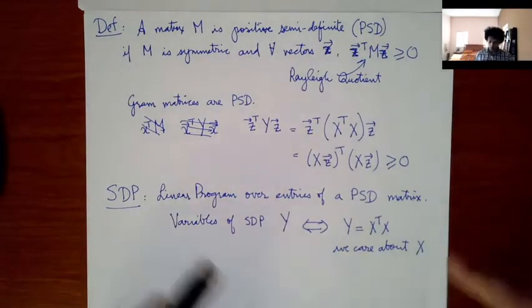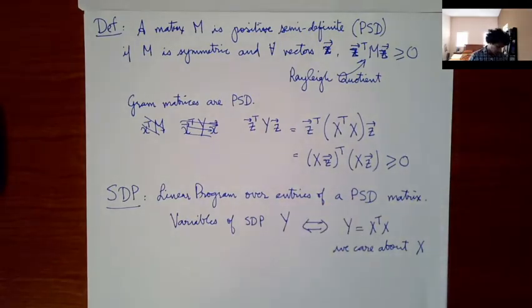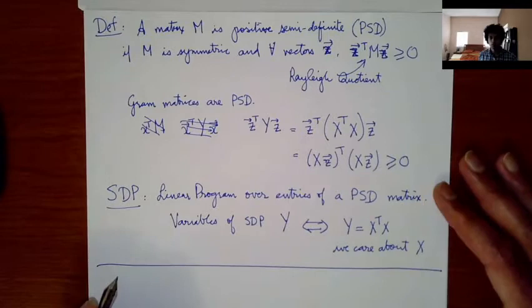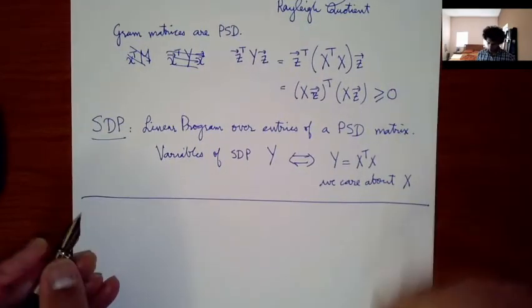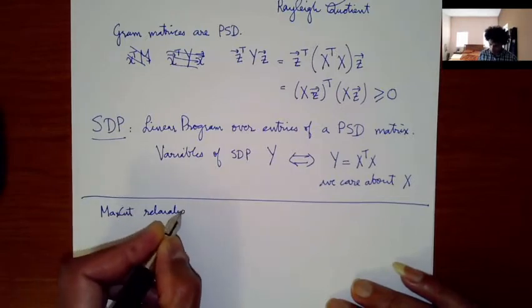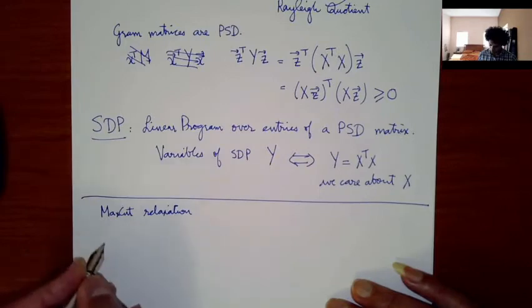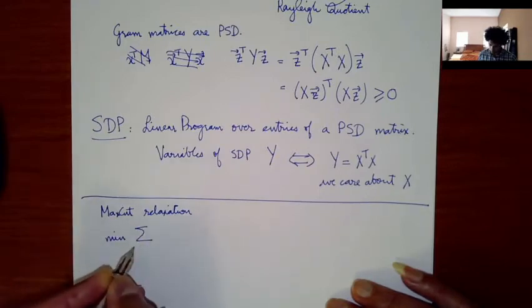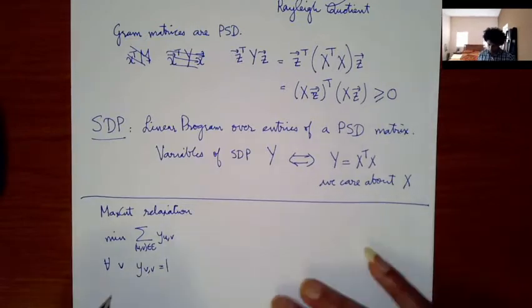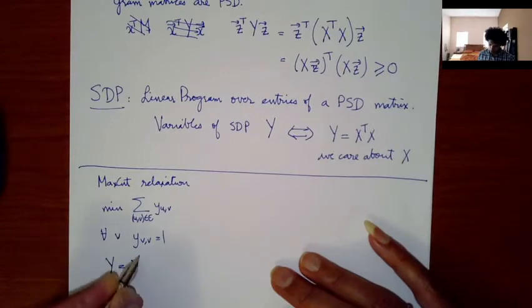So, a linear program over entries of a PSD matrix. Let me just draw a picture here so that we understand. The Maxcut relaxation, which I'll write over here, was just the min of the sum over uv in E of y uv, for all v y vv is equal to 1, and y is equal to x transpose x.